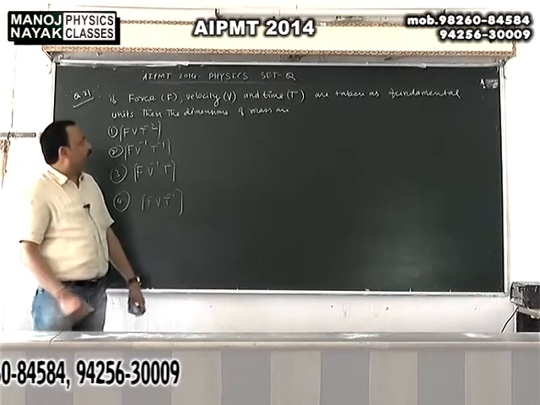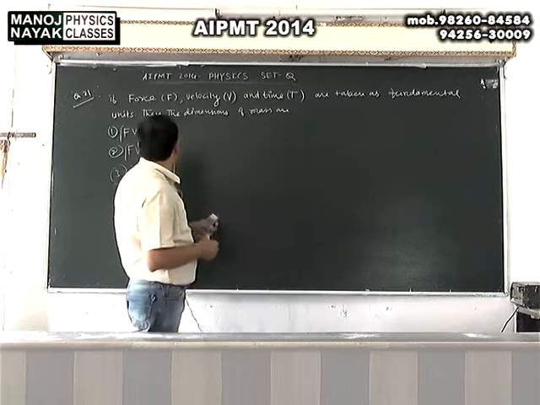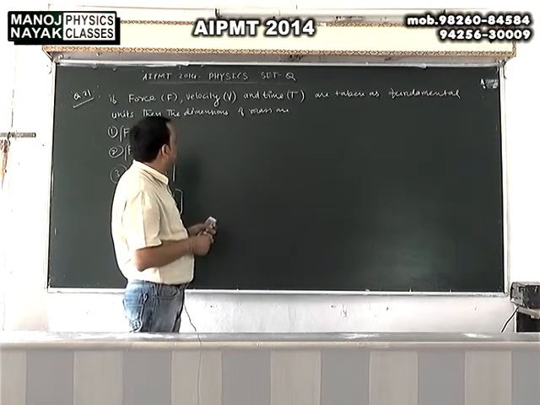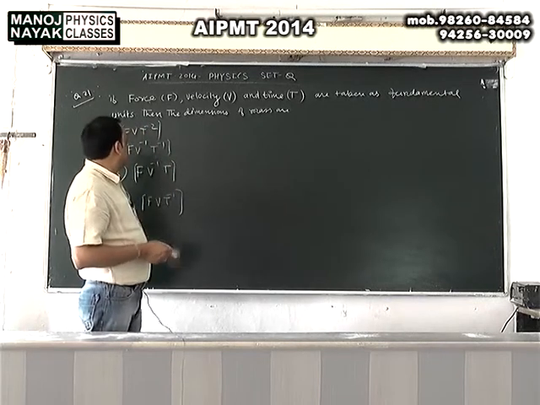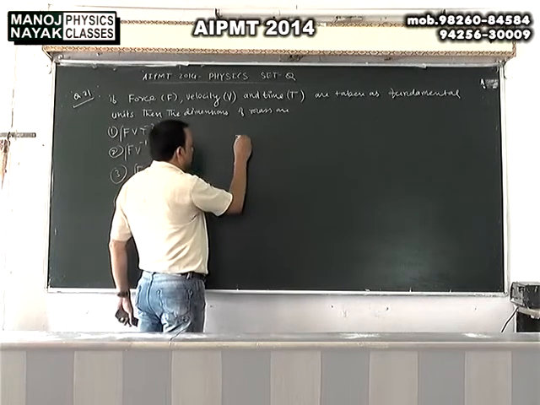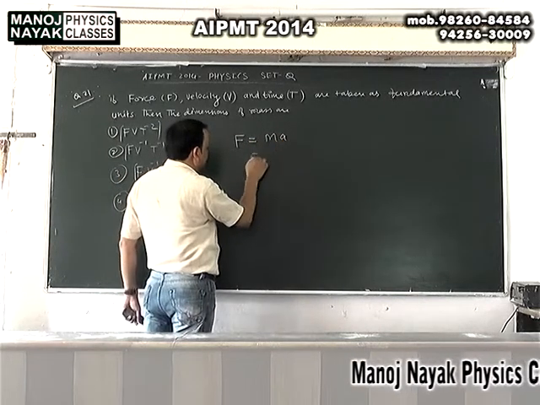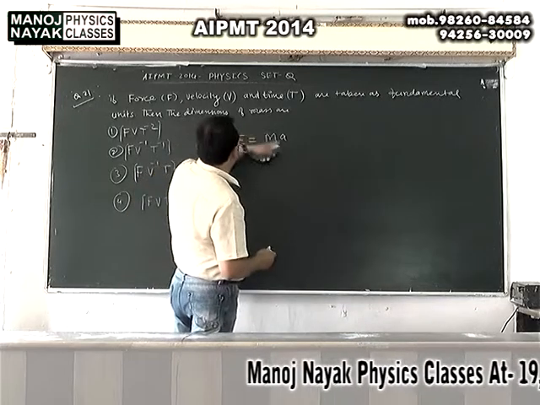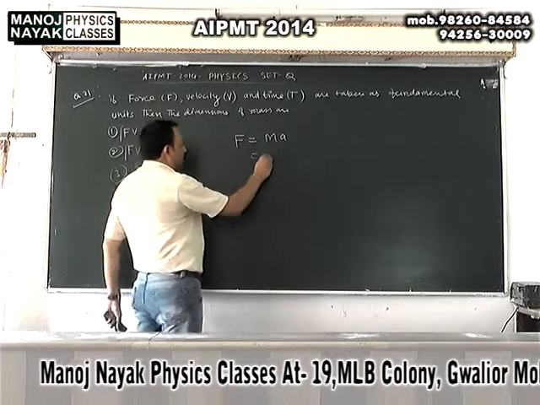Okay, question number 21. If force F, velocity v and time t are taken as fundamental units, then the dimensions of mass are. ये भी बहुत सिंपल क्वेश्चन पूछा गया है. आप फोर्स को जानते हो, F equal to ma. Okay, acceleration को velocity के terms में लिख लें dimension के लिए.